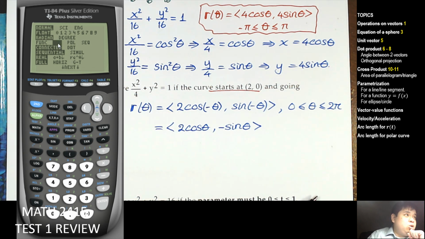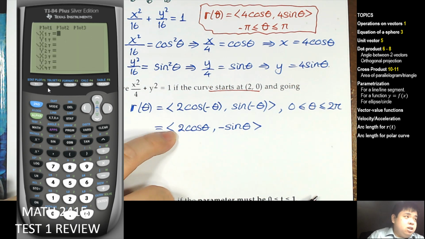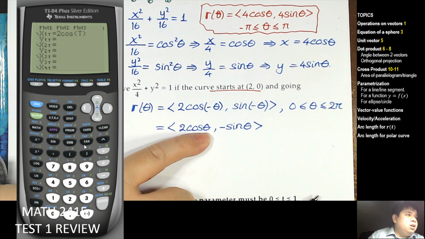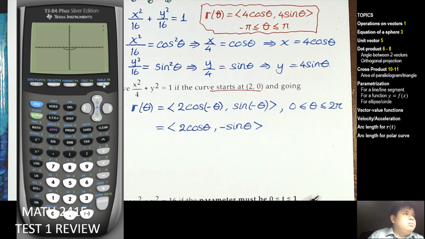So keep it in parametric, radian. x is 2 cosine and y is negative sine, and let's graph it.